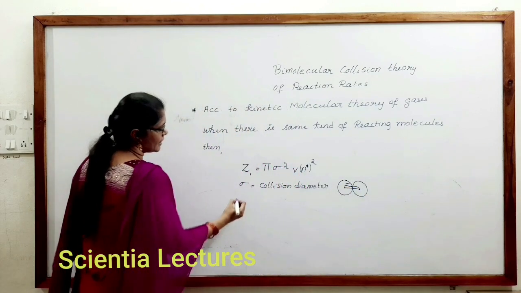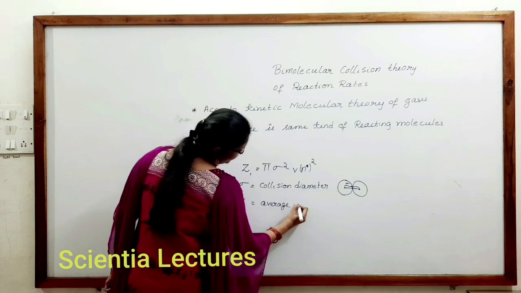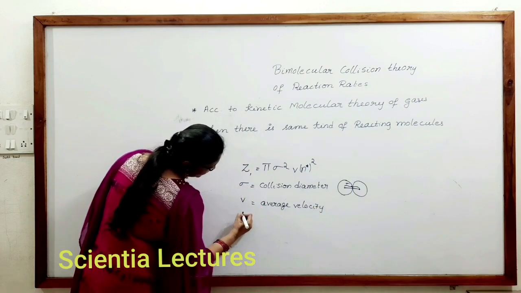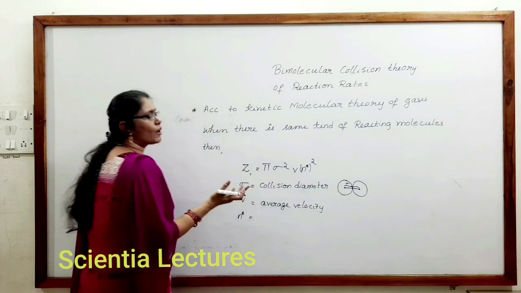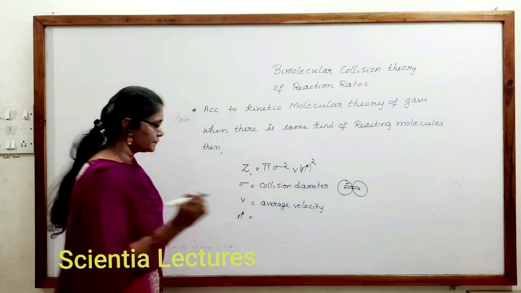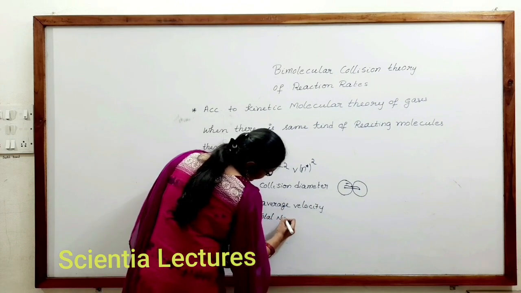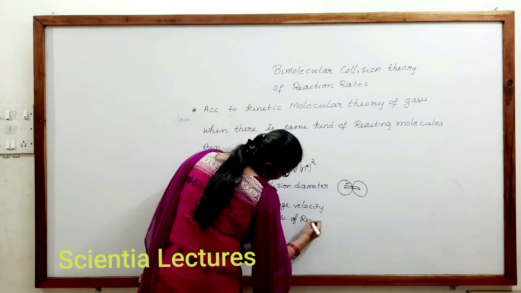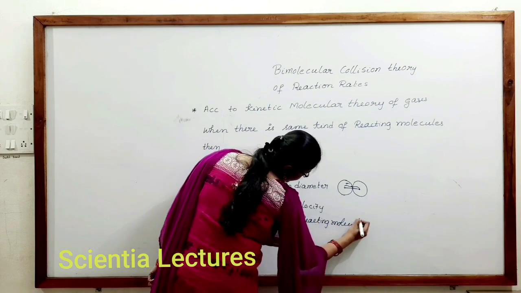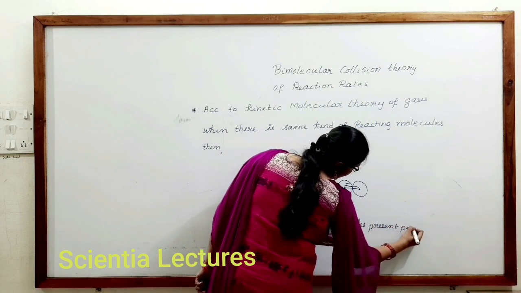Here v is the average velocity of reacting molecules. N star is the total number of reacting molecules present per cc.